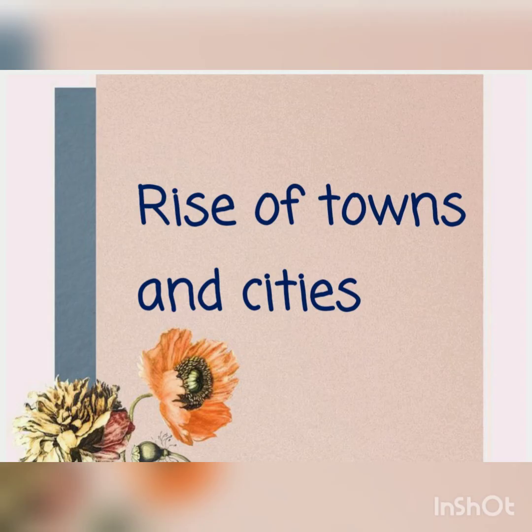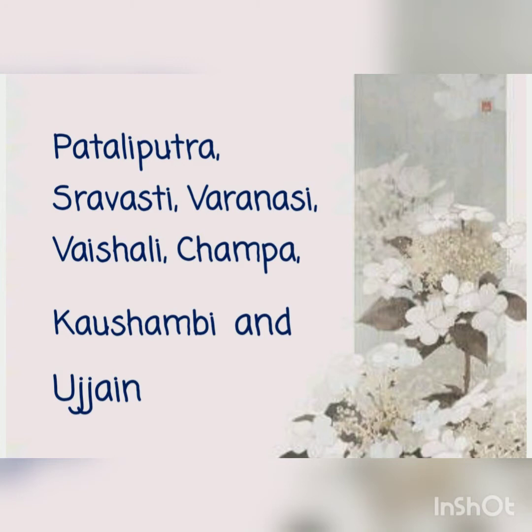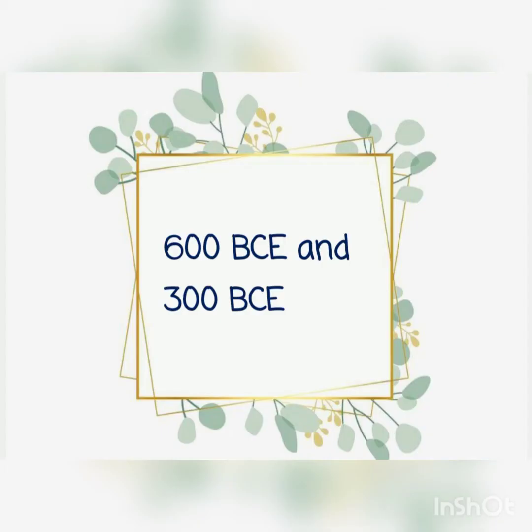Next is the rise of towns and cities. It is said that more than 60 towns and cities such as Pataliputra, Sravasti, Varanasi, Vaishali, Champa, Kaushambi and Ujjain developed between 600 BCE and 300 BCE.